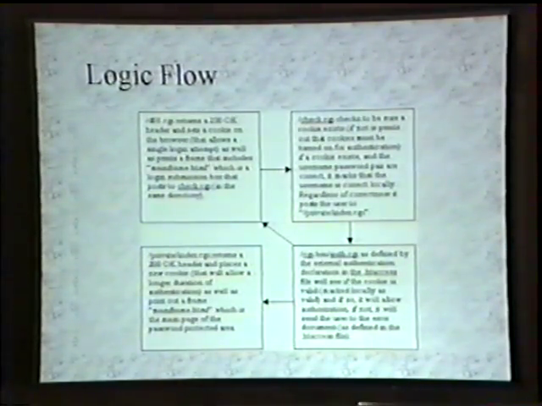Once they type in their username and password, it sends them to some other script. Actually, this doesn't have to be this way. You could actually have it send to itself, but I thought that'd be too confusing for logic reasons. But whatever, just check.cgi, just some other CGI. It checks to make sure the cookie exists. If it doesn't, then they obviously don't have cookies, and we need to tell them that they need to turn cookies on.